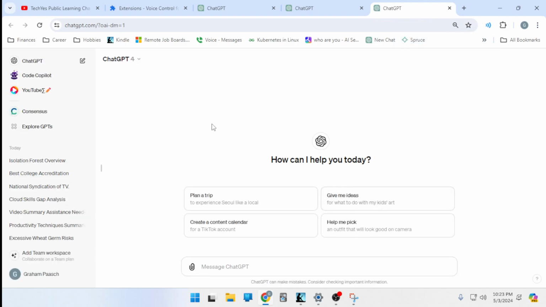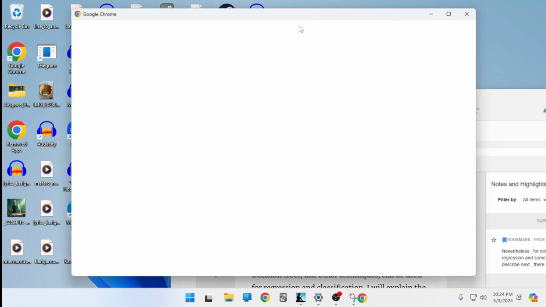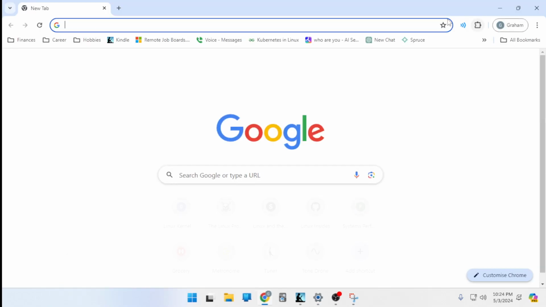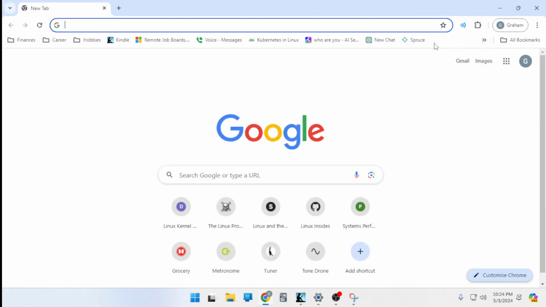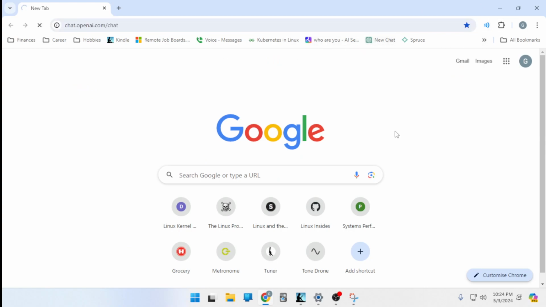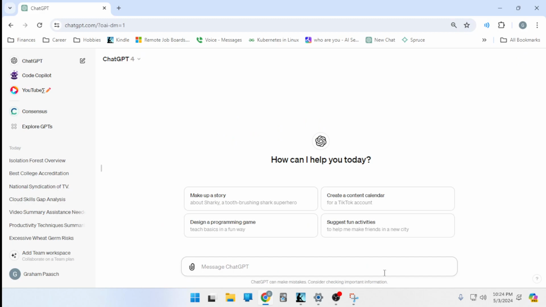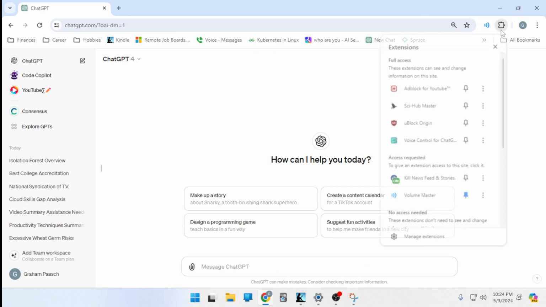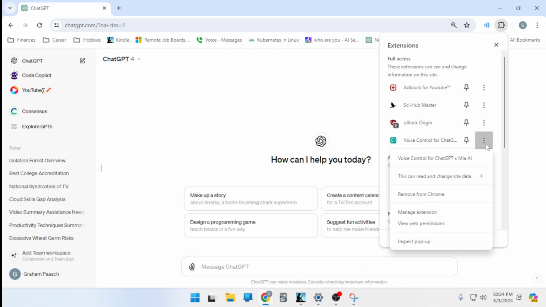Okay, so there's some sort of issue where the extension does not work anymore. I'll try closing the browser and reopening it. Okay, so there's still an issue where the extension does not work.